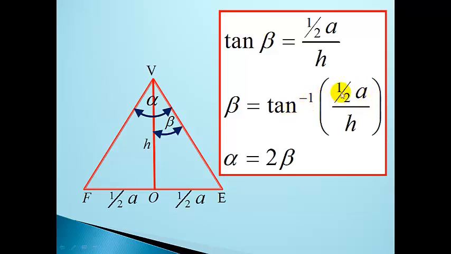Beta will be the tan inverse of half A over H. Now, after beta has been calculated, we multiply the angle beta by 2, and our alpha is out, because twice beta is equal to alpha. So if you calculate for beta, you only multiply the angle beta by 2, and your alpha is out.